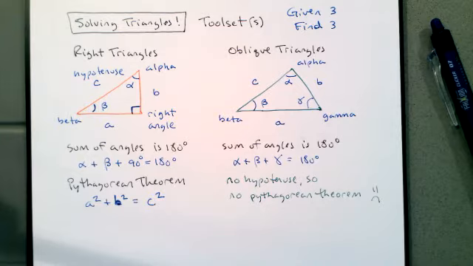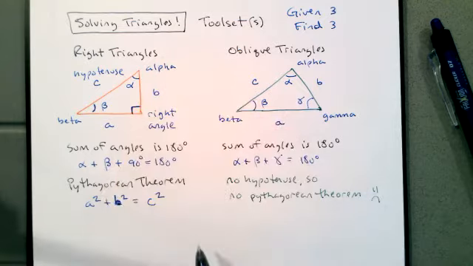So we've got one thing that applies to all, that relates all the angles in a triangle. And in a right triangle, we have an equation that relates all the sides of our right triangle. What we need is some connection between the sides and the angles. And in a right triangle, we can use our trig functions.